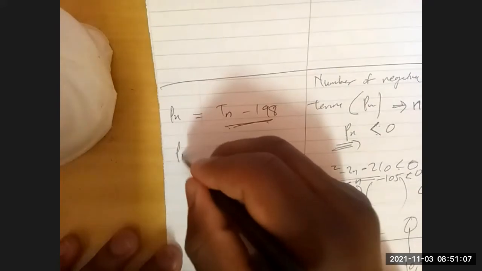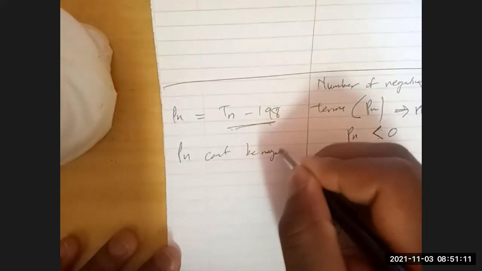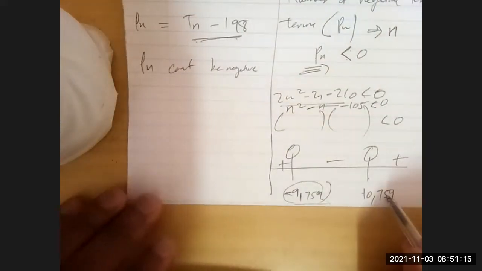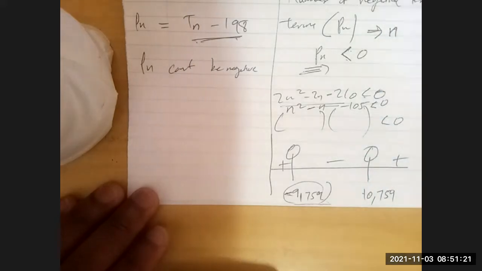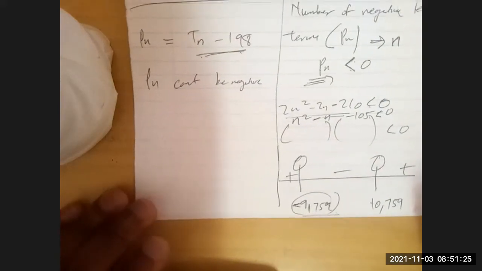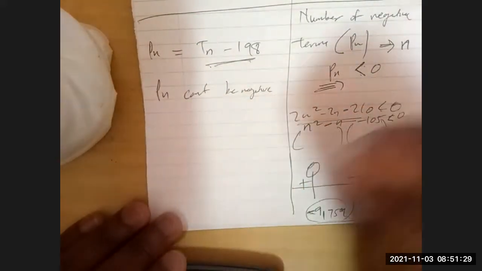So here, what we are seeing is, where are we going to have negative terms? We want to find negative terms. How many are they going to be? We want to find n. So we're going to have n terms that are going to be negative.